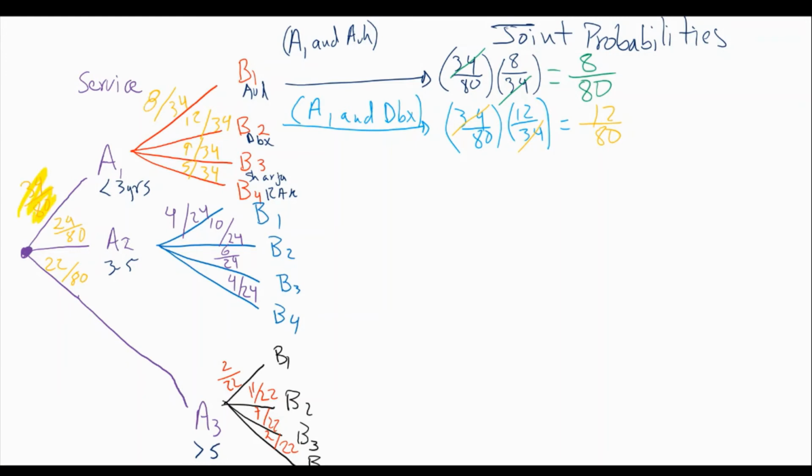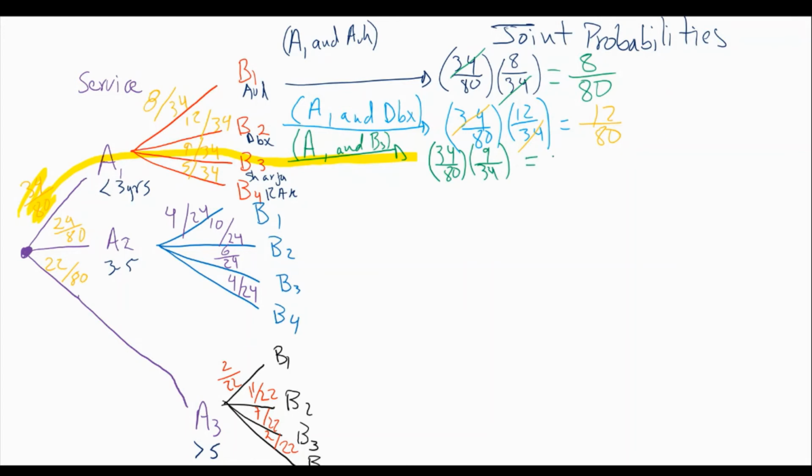Okay, I'm going to look at this and for B3 in this case. So the probability that a branch has been in service for less than 3 years and that is located in Sharjah. Okay, so that's equal to, let me see, 34 divided by 80 times 9 divided by 34.